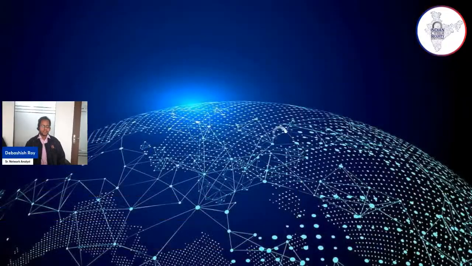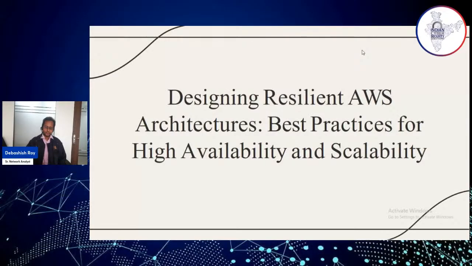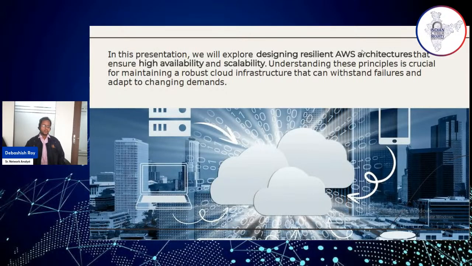We'll discuss the best practices for high availability and scalability in the AWS cloud. We'll explore designing resilient AWS architecture that ensures high availability and scalability. High availability means that there should be a robust cloud infrastructure that can withstand failures. If there is data loss, say the cloud server has failed, how can you recover the data?